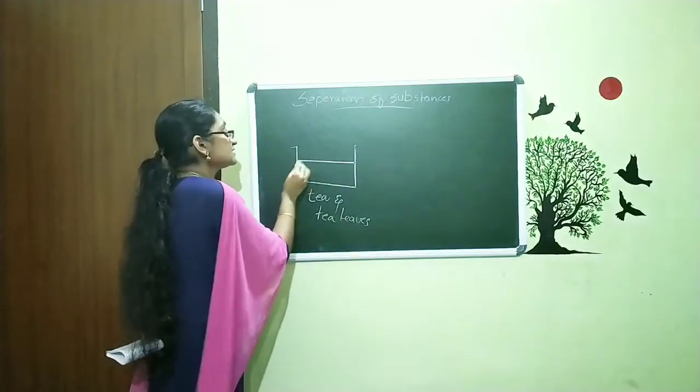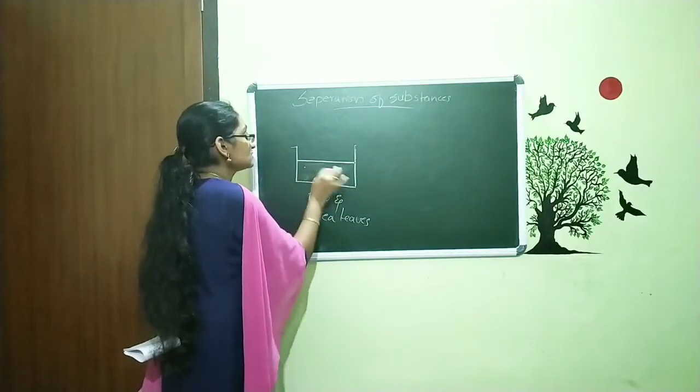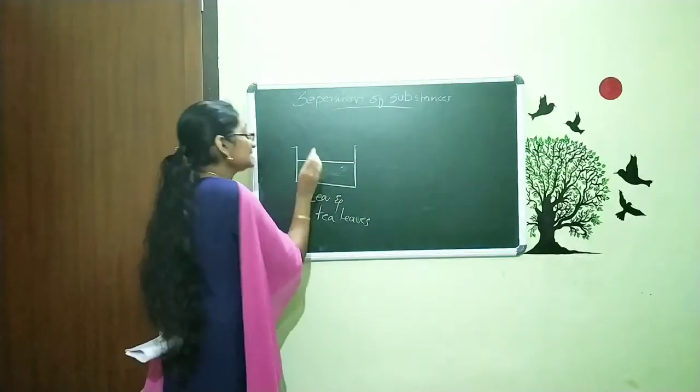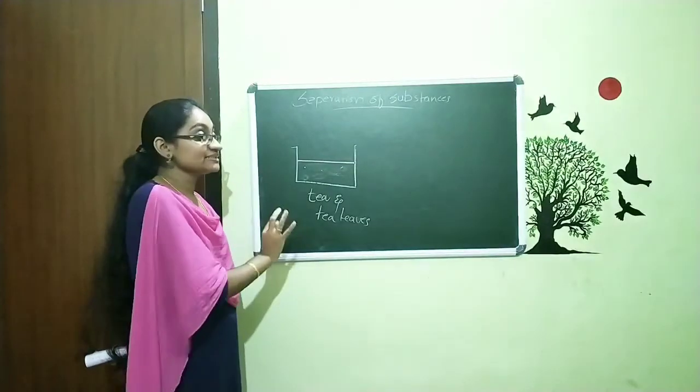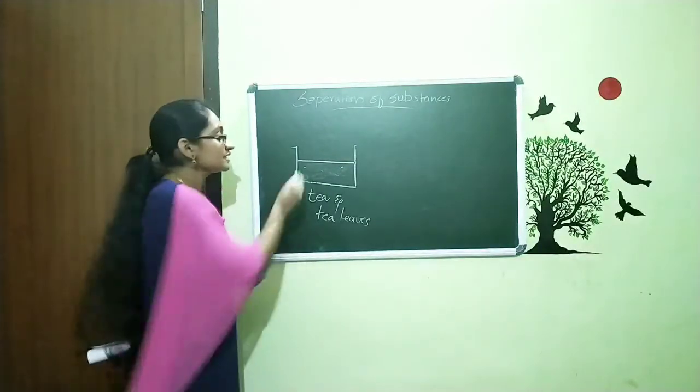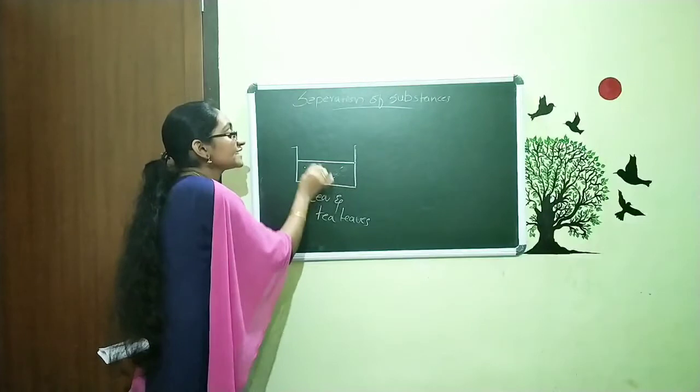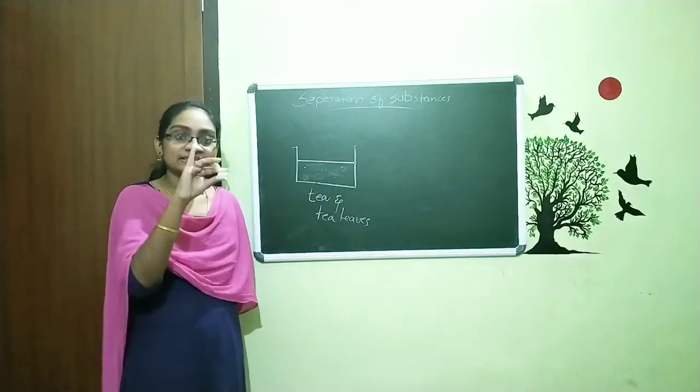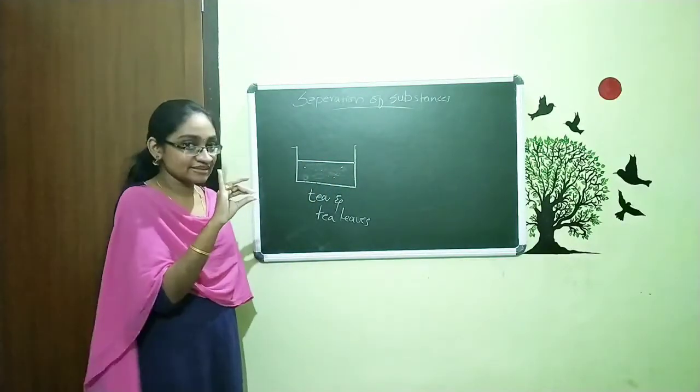So this is tea and here we have tea leaves. When I keep it undisturbed, what happens? The tea leaves will settle and there sedimentation occurs. That is the first thing that happens.